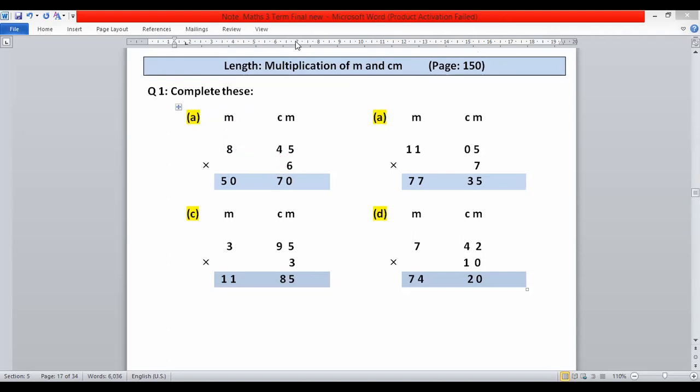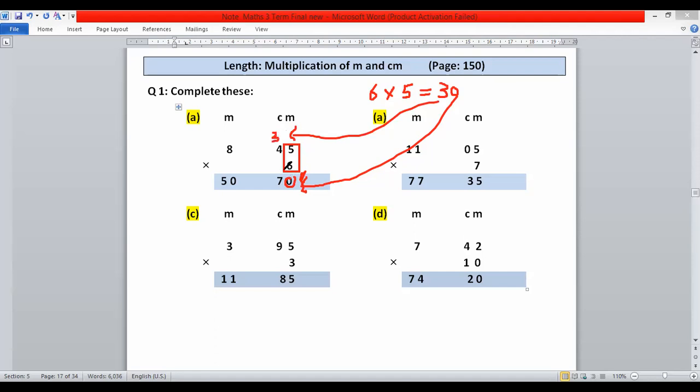So first of all, we multiply 6 with 5. 6 multiplied by 5 is equal to 30. So we write 0 here, and 3 is carried up.